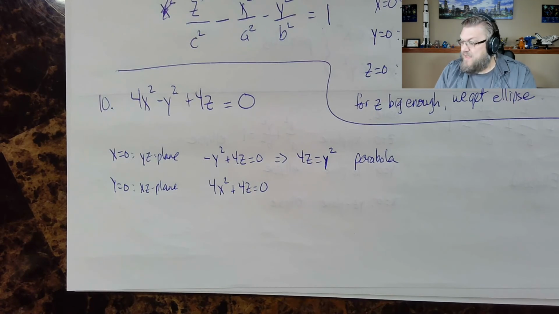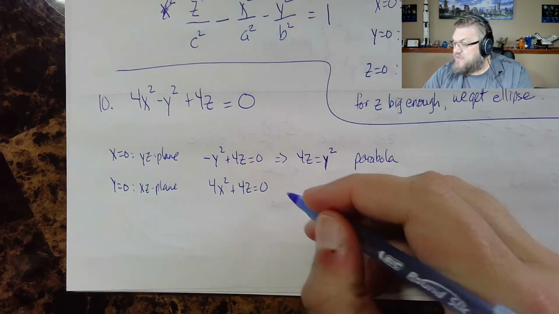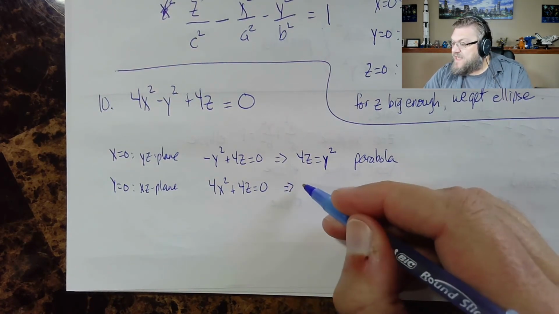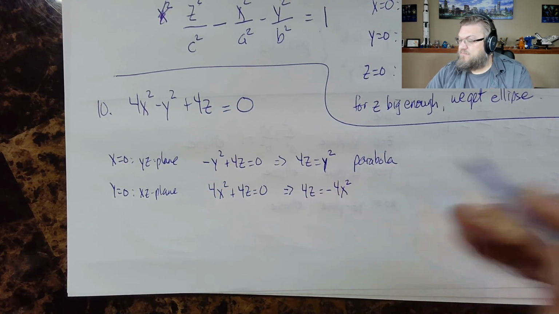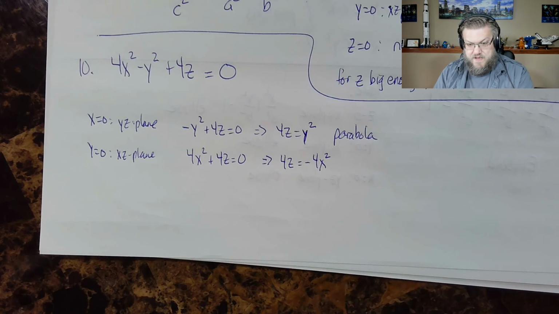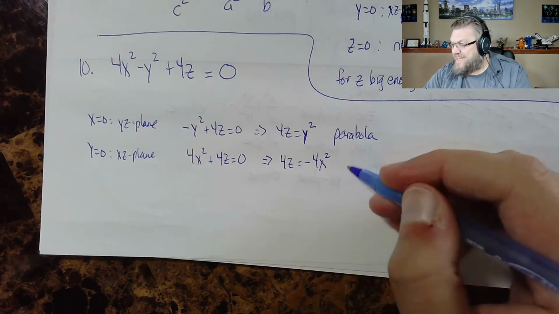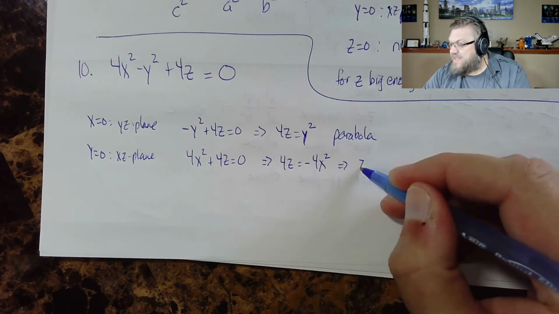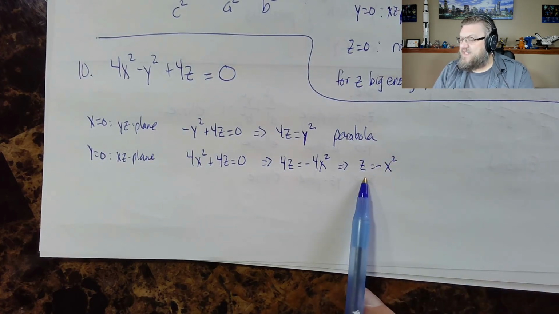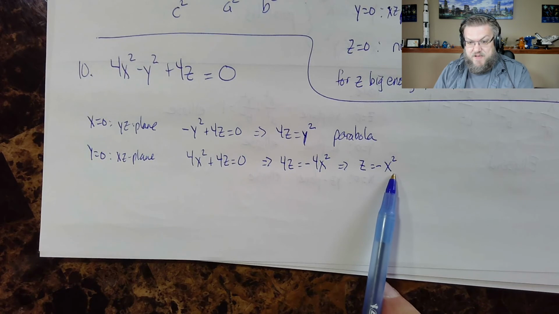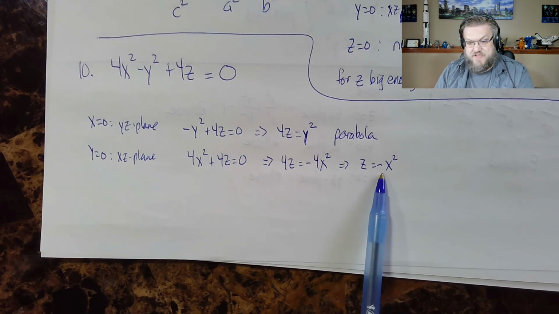Right? Now, working with this a little bit, let's see what I end up getting. I get 4z equals negative 4x squared. And the 4's can cancel, but I definitely get a parabola here. But it's interesting because x can be plus or minus, and it's squared, but then there's a forced negative.